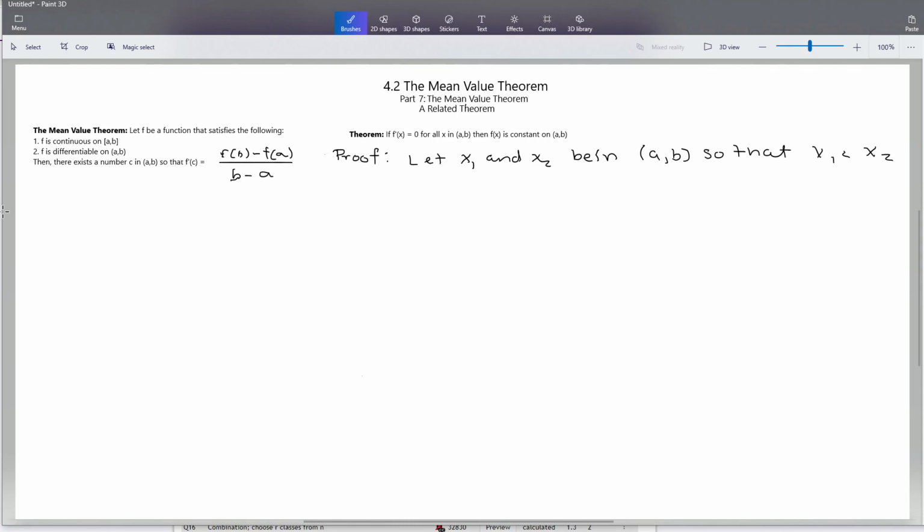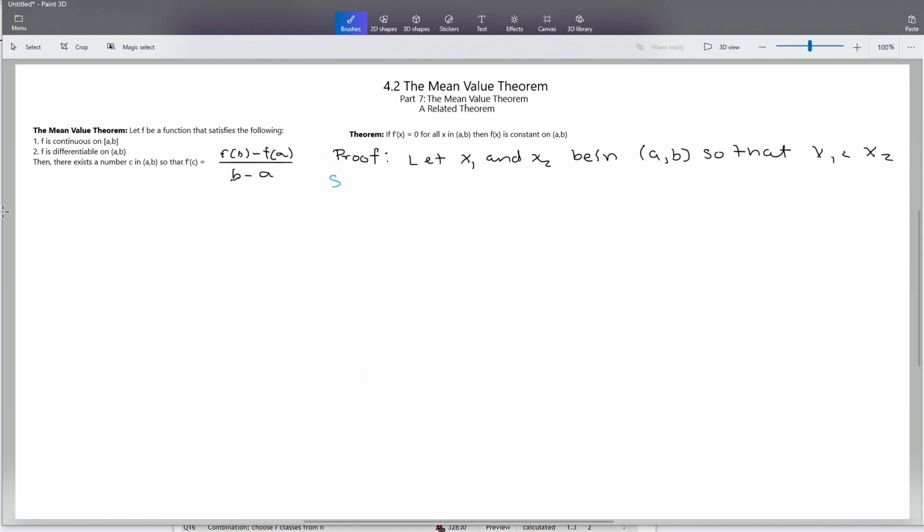And because we know that f is differentiable on the open interval AB, we also know that f is continuous on the open interval AB. But we don't know that f is continuous on the closed interval, meaning we don't know that f is continuous at the endpoints. And that's so important, as we saw in an example in a previous video. So that's why we need to look at x1 and x2.